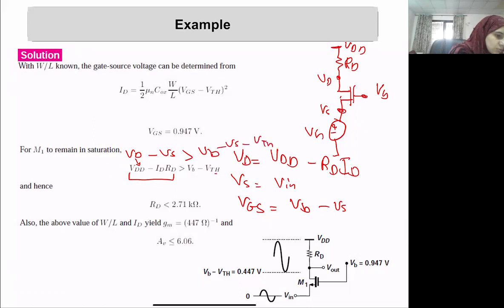Here the Vs cancels with the Vs. Therefore, it remains VD greater than VB minus V threshold.